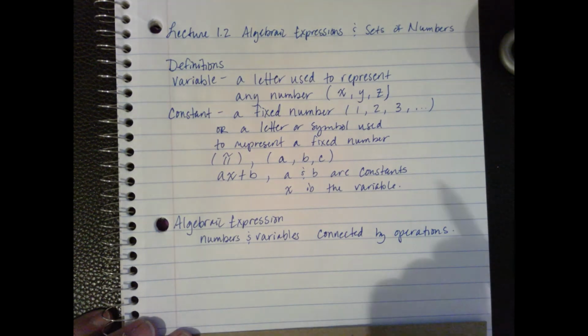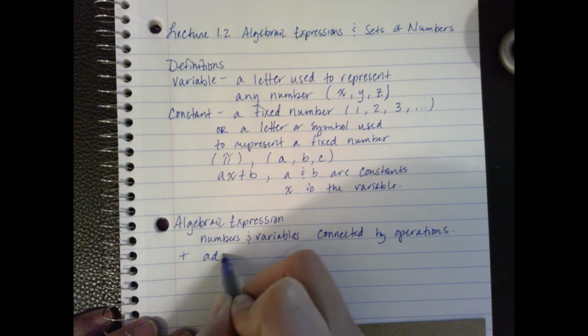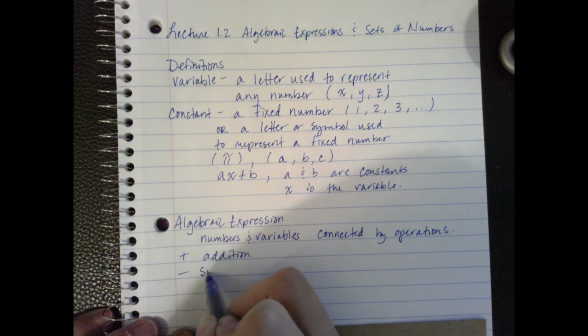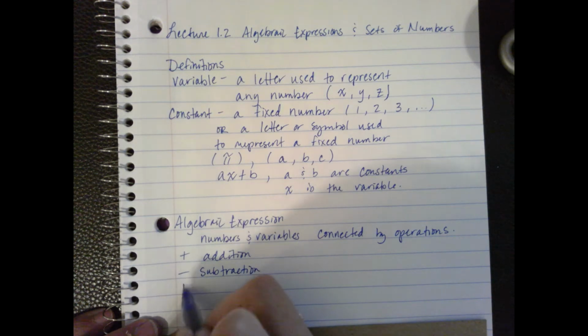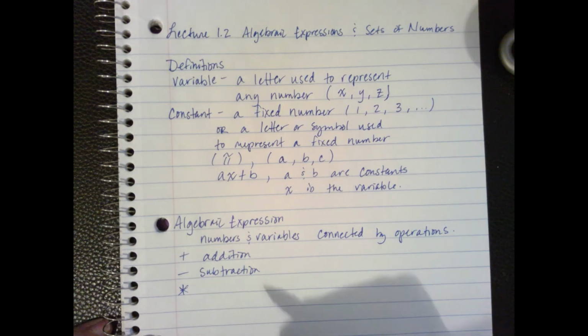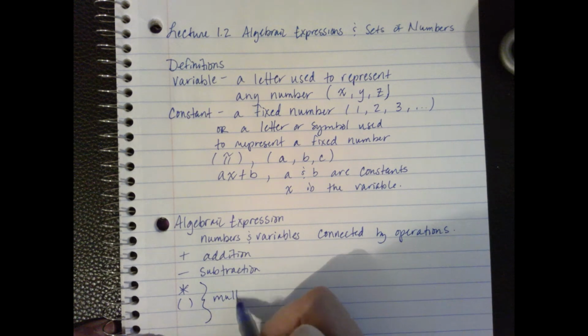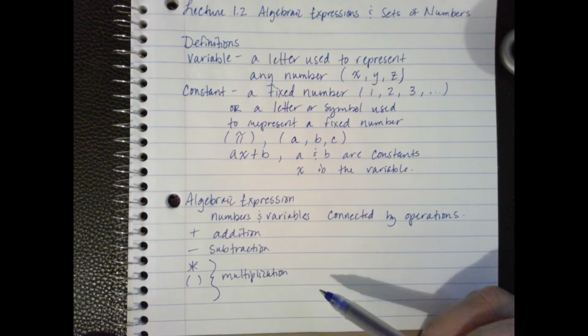By operations we mean the normal ones that we're used to: addition, subtraction, multiplication. And for multiplication, I'm going to list 3, just so we can see the symbols here.